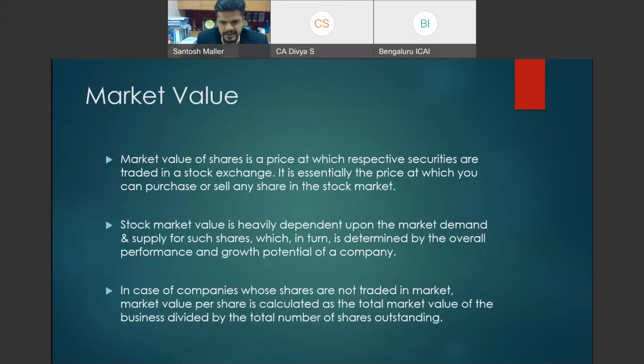In case of companies where shares are not traded, the market value per share will be calculated as the total market value of the business divided by the total number of shares outstanding.